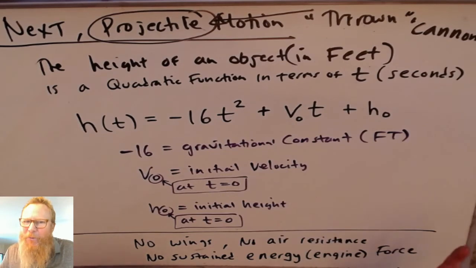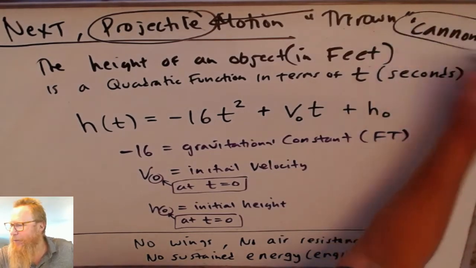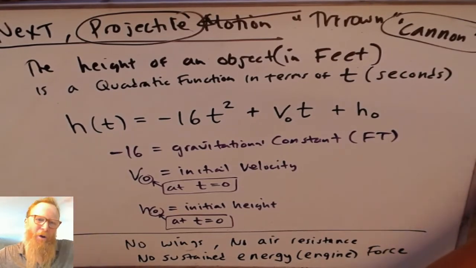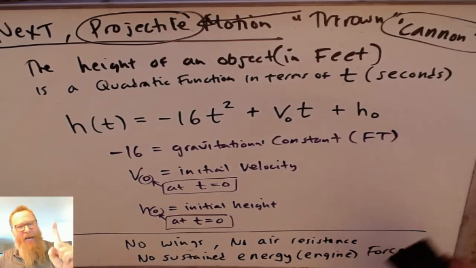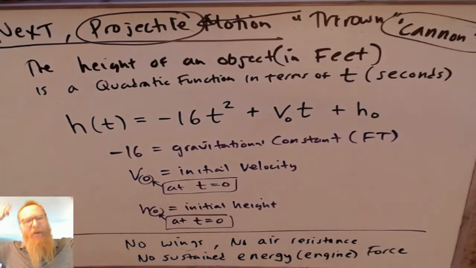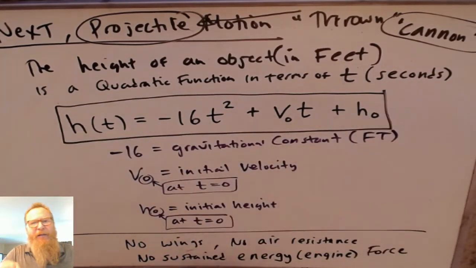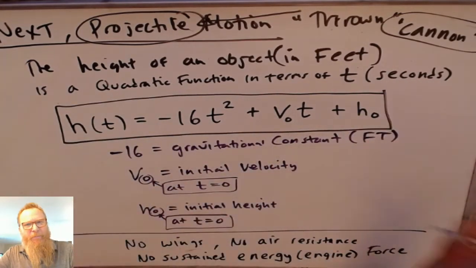Although I sometimes will call something a rocket when I really just mean a cannon. So an old-fashioned Civil War cannon just blasts off one time. It only gets energy one time. All right. I've gone on way too long about that. The main thing is that you are going to use this formula to model projectile motion with respect to time. Okay?